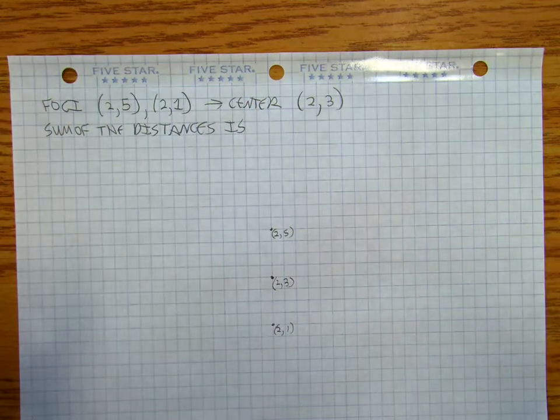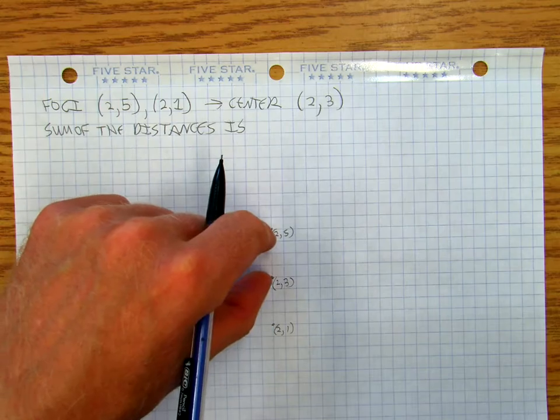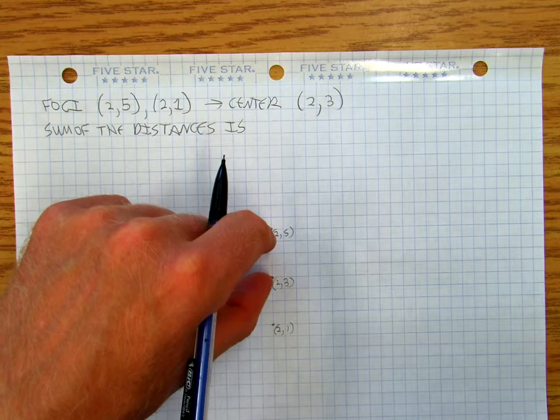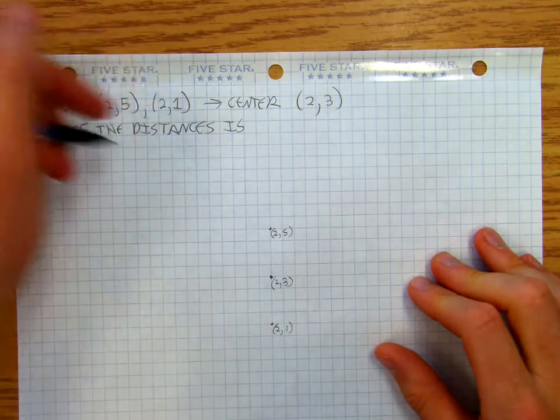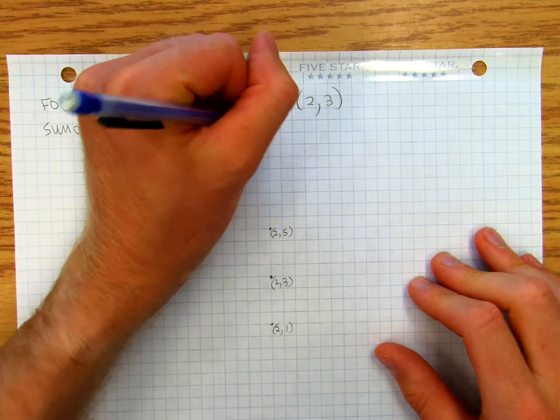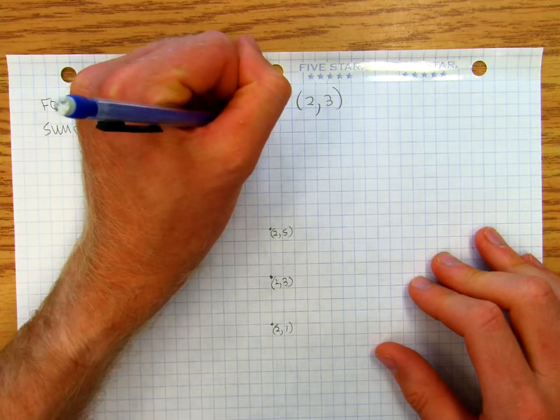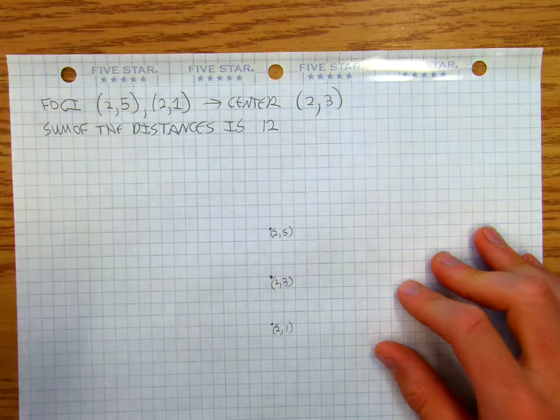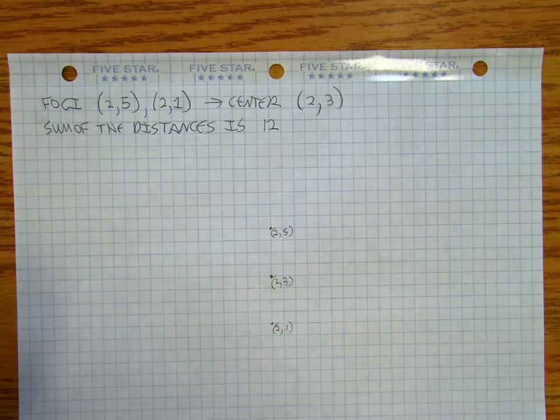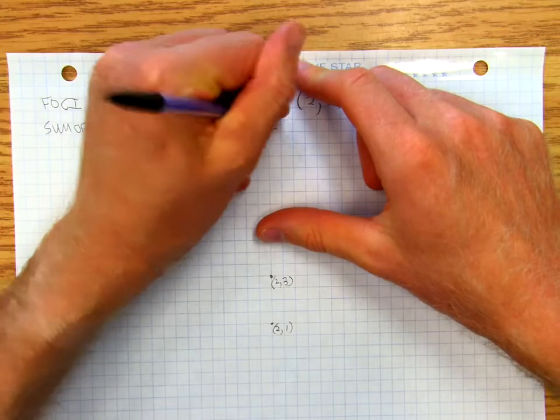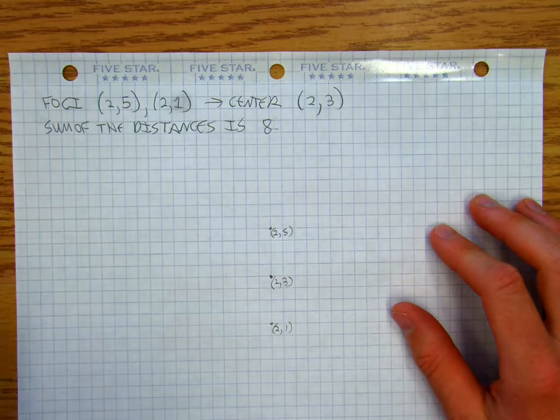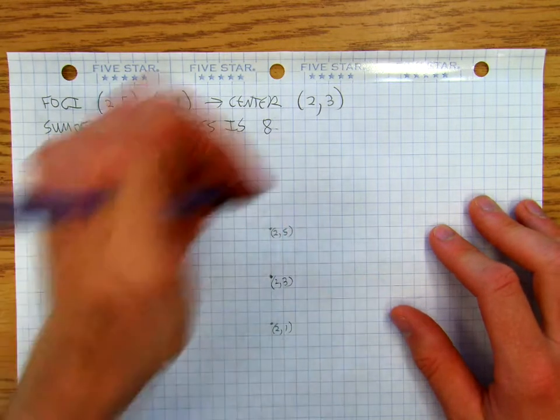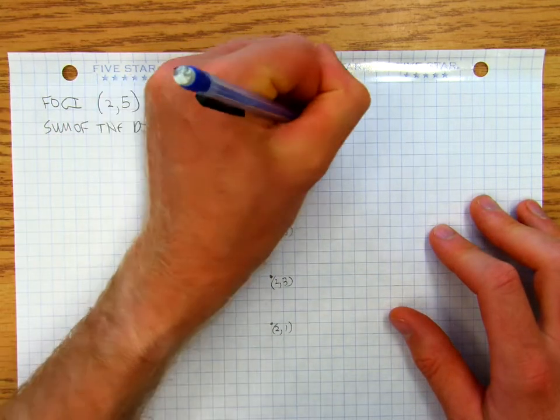I think this is not going to be a nice one no matter what. So I'm going to make the sum of the distances 12. Wow, that's 6 to 10. That's going to be a little bit big. Let's make that 8.